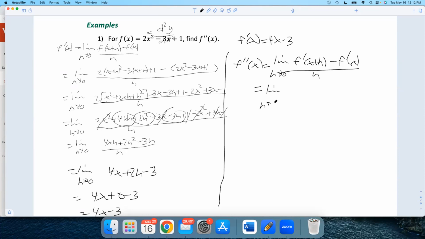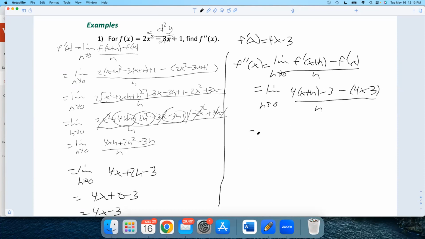So now I'm just replacing the x with x plus h in parentheses. Don't forget that minus 3. Minus the original. Here's f prime of x plus h. Here's f prime of x, all over h.